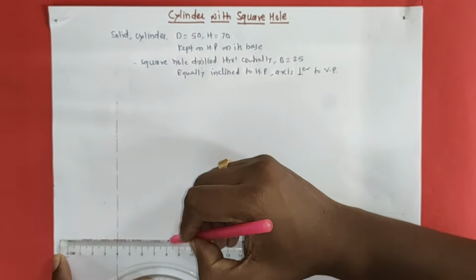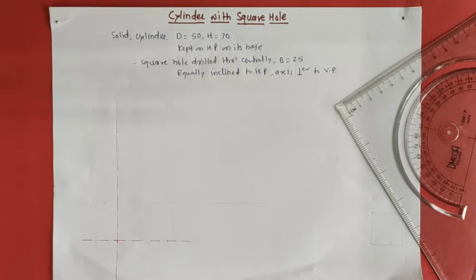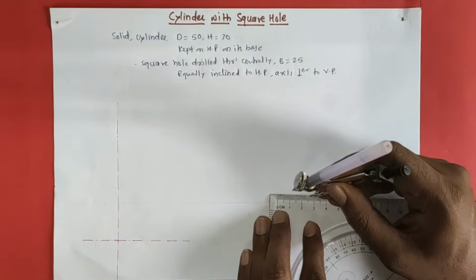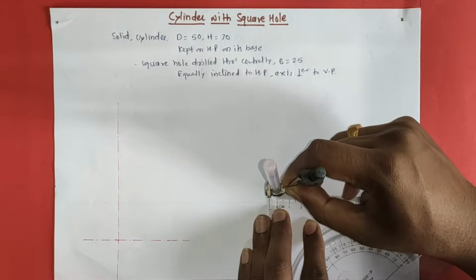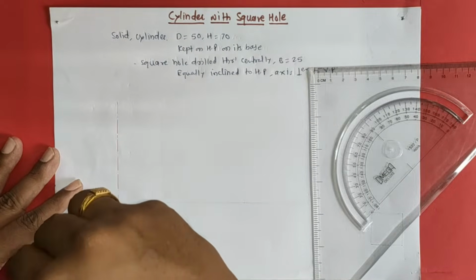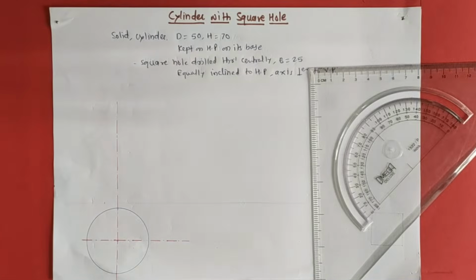I have drawn the center line here. Now the diameter is 50, hence radius will be 25. I will take radius equal to 25 mm, put it at the center and draw a circle. I have drawn the circle here.